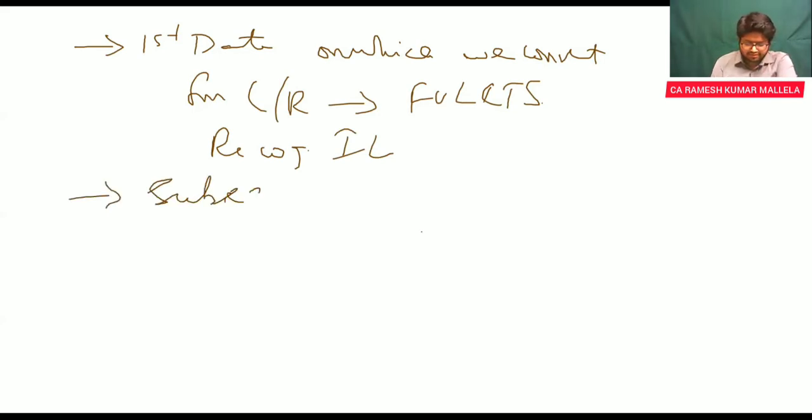Subsequently, that is the next balance sheet date, test again for fair value, that is the price at which you can sell it. If there is a profit, don't be in a hurry, wait for it.